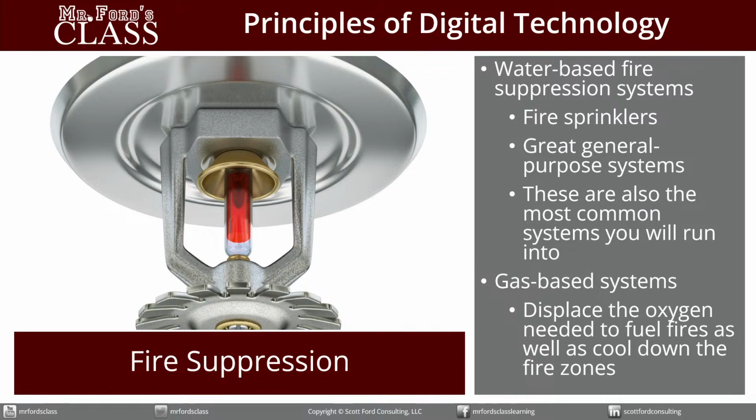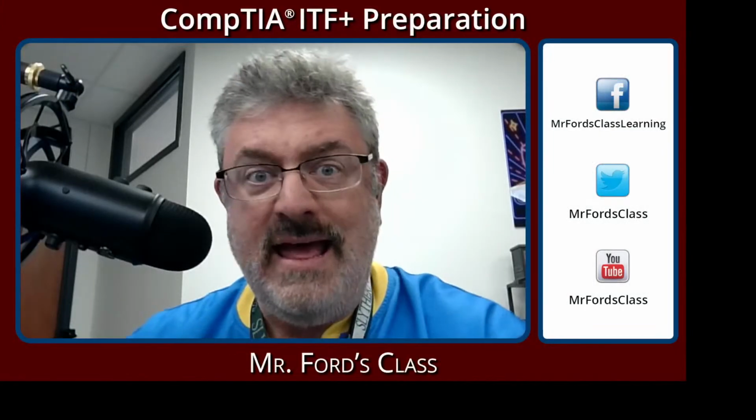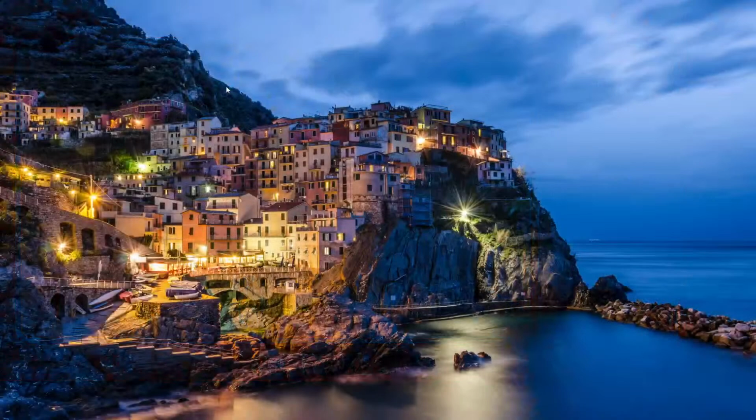What the gas-based system does is take away the oxygen that fuels the fire, and it can also cool down the fire zone. Now, what else requires oxygen to live? People. So you don't want to be caught when the gas goes on to kill the fire. Let's put it that way.